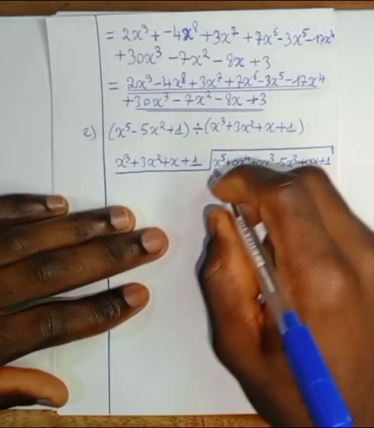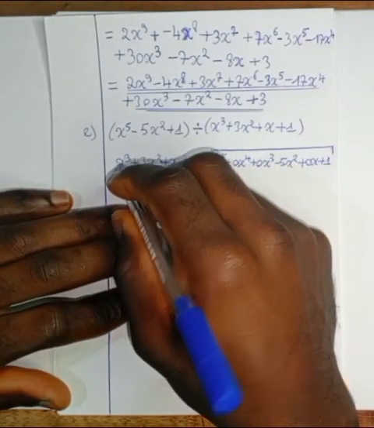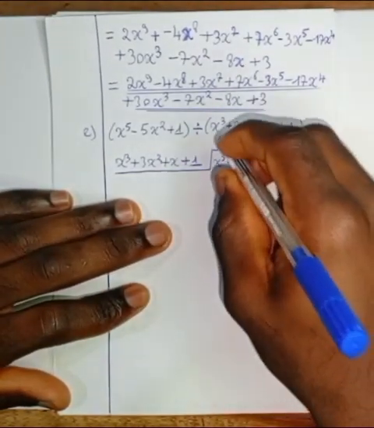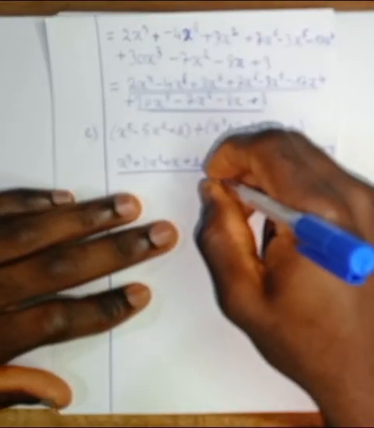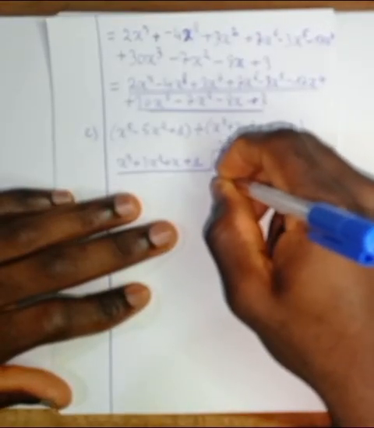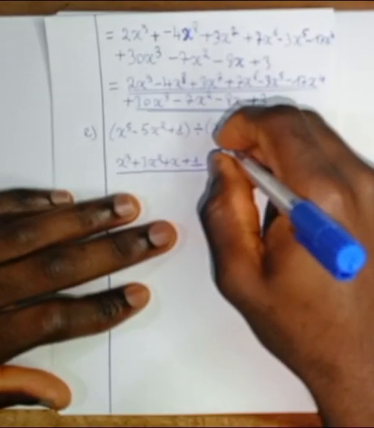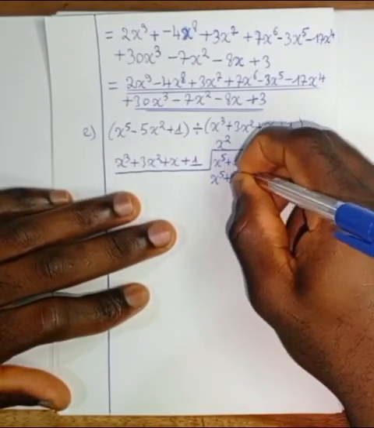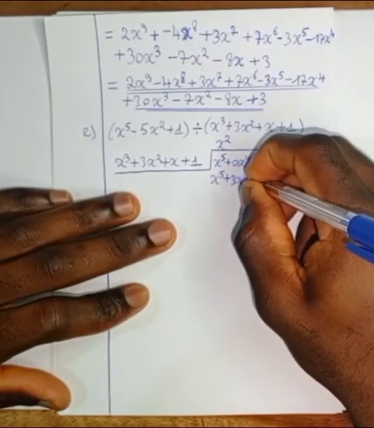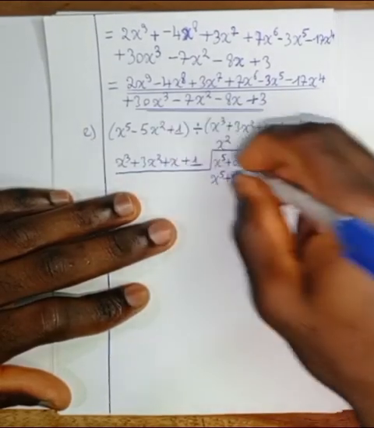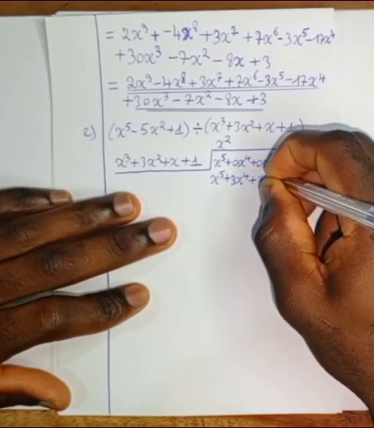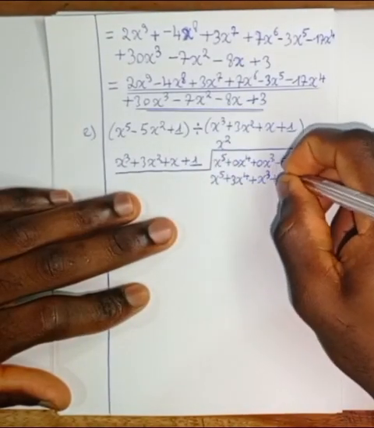Then we divide x to the power 5 divided by x cubed gives us x squared. X squared times x cubed gives us x to the power 5 plus x squared times 3x squared gives us 3x to the power 4 plus x squared times x gives us x cubed plus x squared times 1 remains x squared.